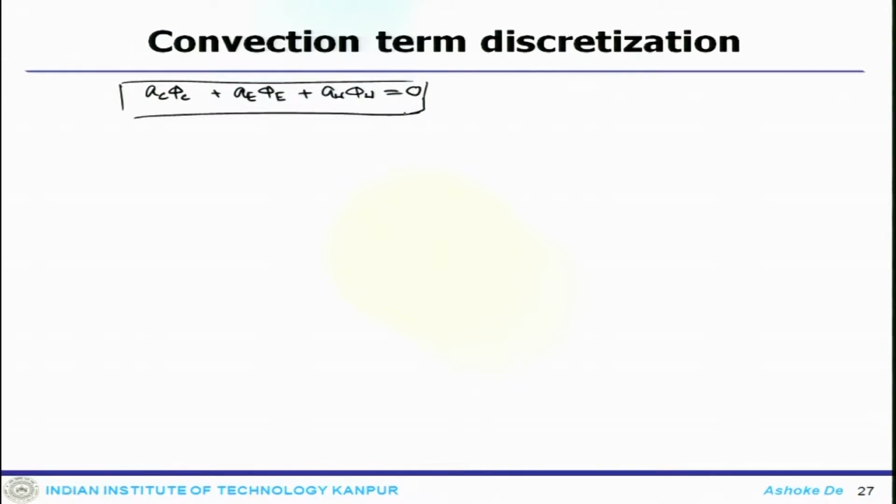Once you get that, the coefficients are going to be different compared to the conventional fluxes. Here A E is flux F E convection plus flux F E diffusion, which is m dot E, 0, minus gamma E A C by delta x E.